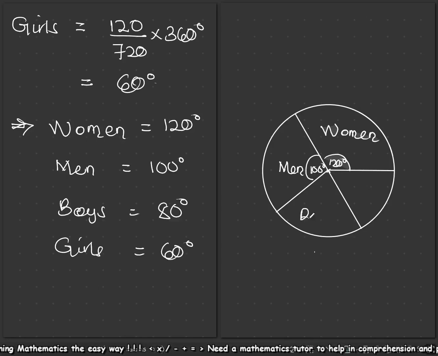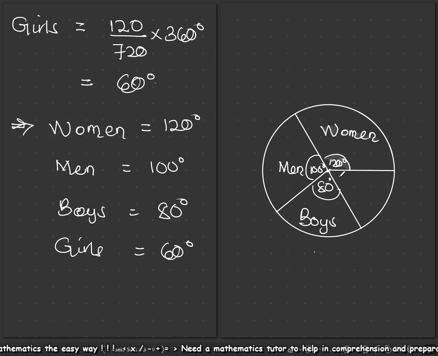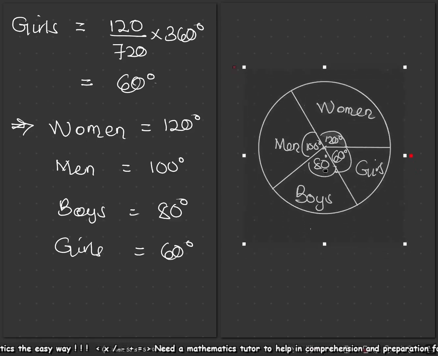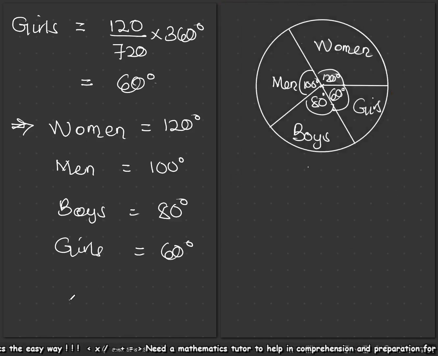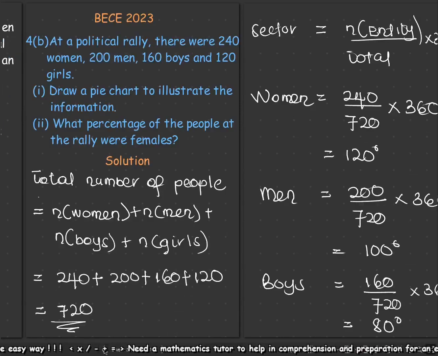And then the boys being 80 degrees. And then finally 60 degrees representing girls, right? So this is your pie chart. Now that answers the very first question.